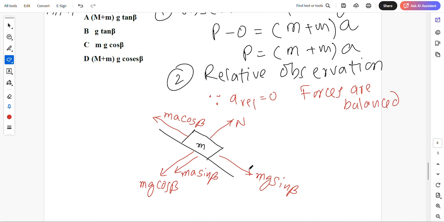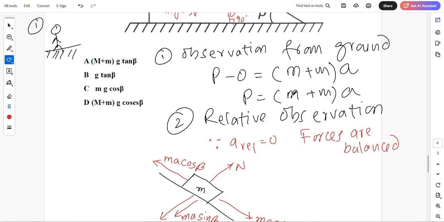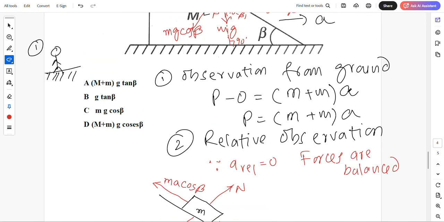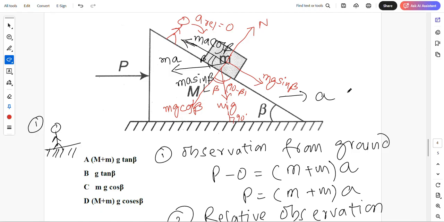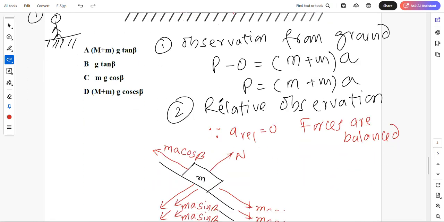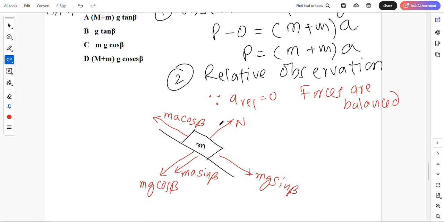Now what we are supposed to calculate? Acceleration, okay? So that we can calculate the force P, because already we got M plus m into A. Hope you understood how to balance the forces. Now, I will equate these two.